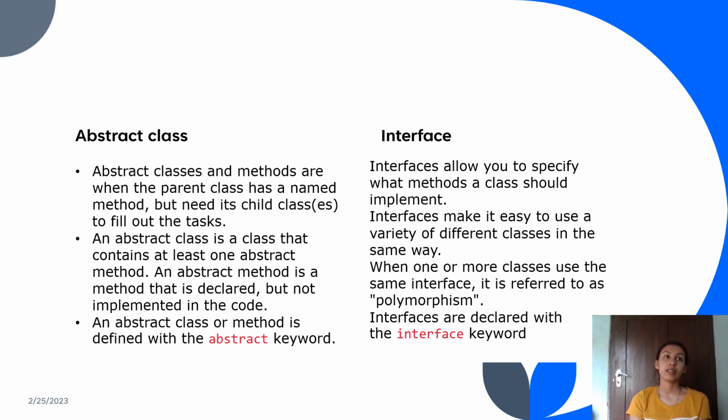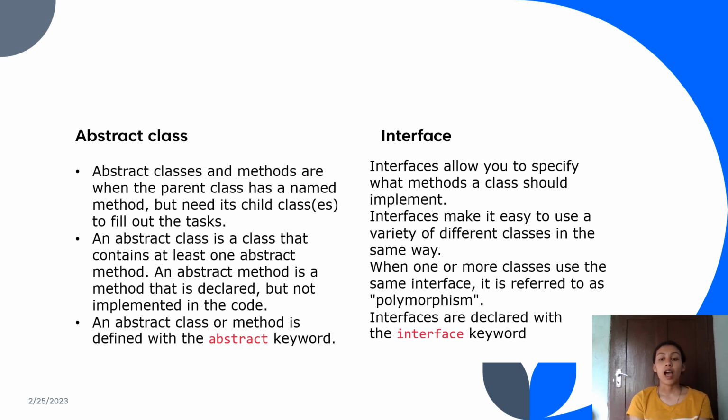We are hiding sensitive information, or all other information from the outside. That means the user can only see the information which is needed, and other unnecessary or unwanted information is hidden. An abstract class is defined using the abstract keyword, and an abstract class has at least one abstract method.